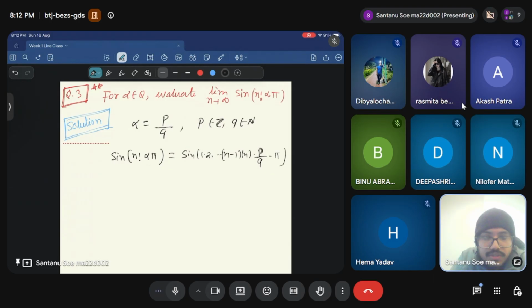Now notice that if n is greater than or equal to q, then q will be cancelled out, correct?